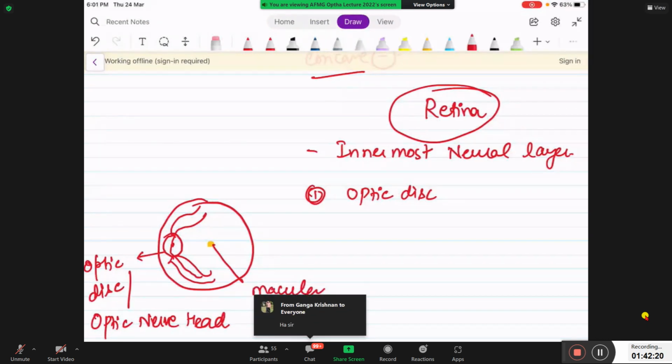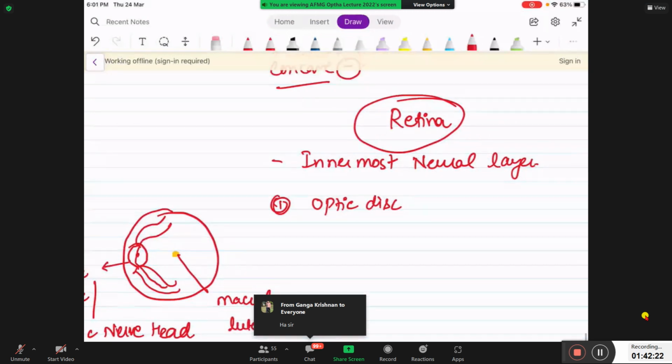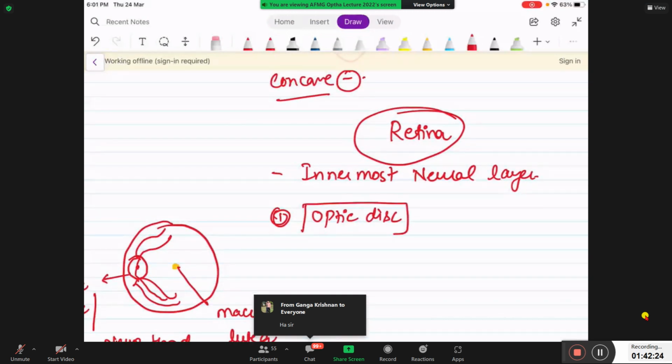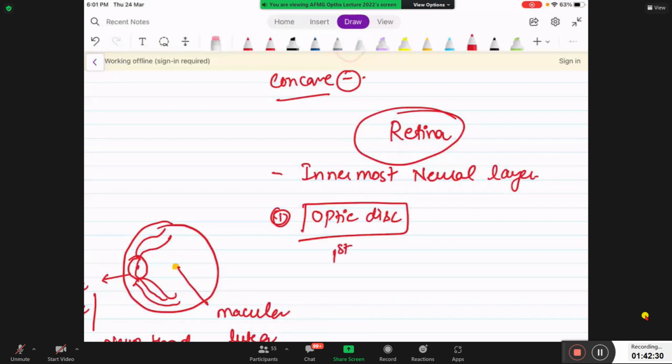Okay, now write down. First heading is optic disc in retina. We will discuss optic disc in detail. This optic disc is, write down, the first intraocular part of optic nerve.